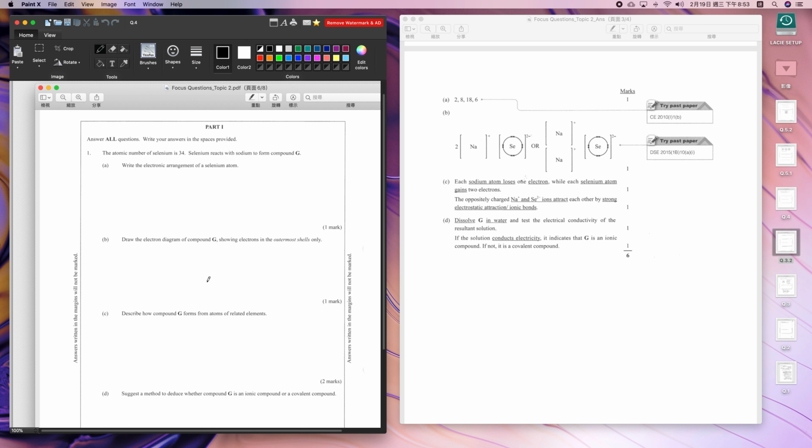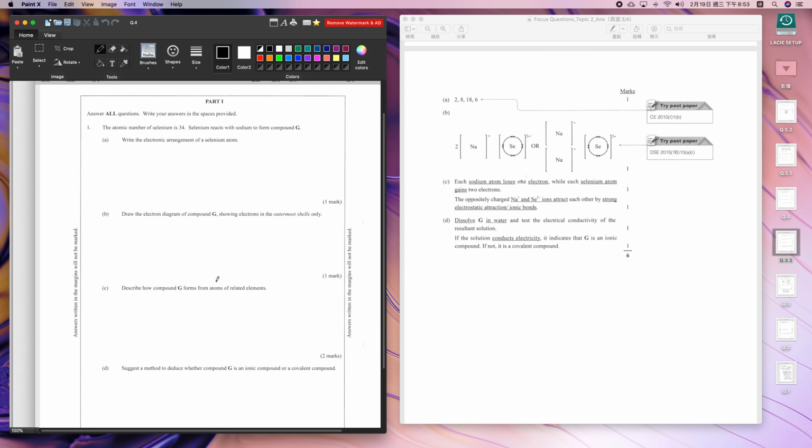Part D suggests a method to deduce whether G is an ionic compound or a covalent compound. However, the marking scheme is not accurate enough because, for example, hydrogen chloride, which is also a covalent compound, dissolves in water and ionizes to give hydrogen ions and chloride ions, which help to conduct electricity.